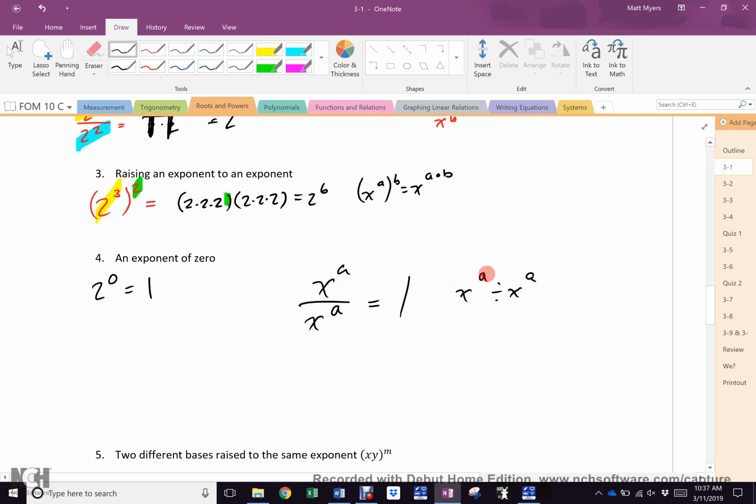And what am I supposed to do with my exponents when I divide? Subtract. So that's x to the a minus a, right? What's a minus a? X to the 0. So if this equals x to the 0 and it equals 1, then x to the 0 must also equal 1. Does everybody understand why it works?